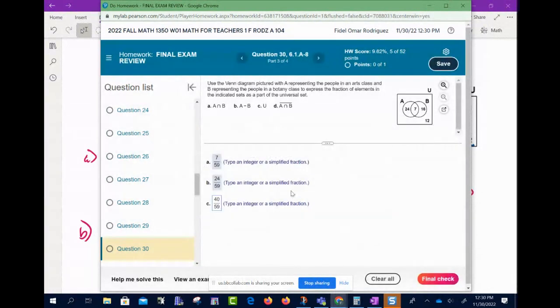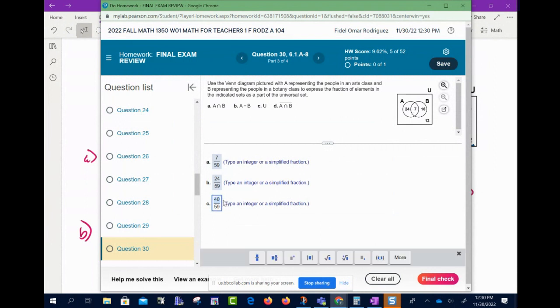No. It's what? 1. A intersection B complement. Oh, what am I doing wrong? A intersection B complement. That would mean everybody but not this part. I don't know.